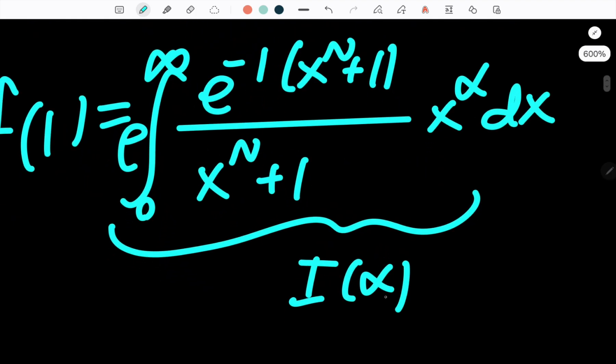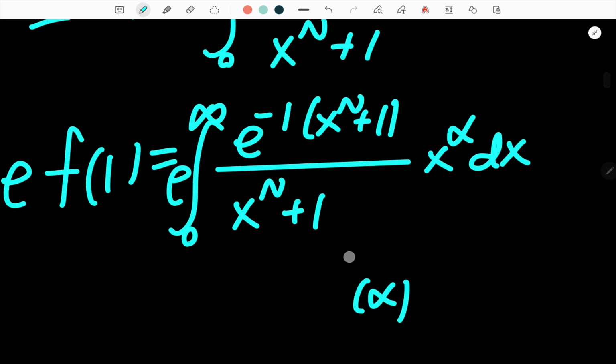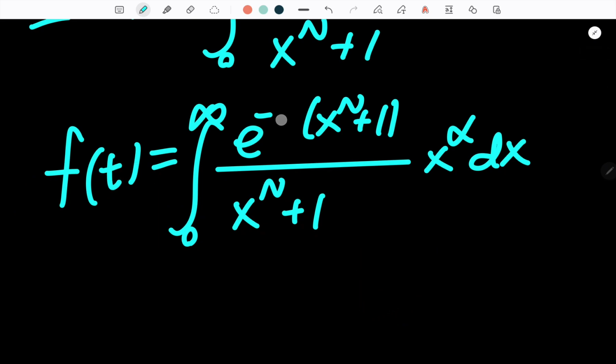But instead of focusing on I of alpha, I want to focus on f of t. There we are. Okay. Now, get ready, because we are going to differentiate again. We're going to differentiate with respect to the parameter alpha.